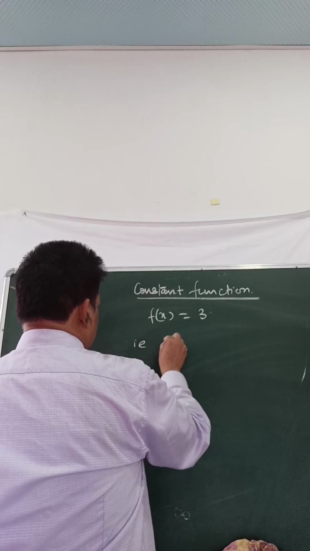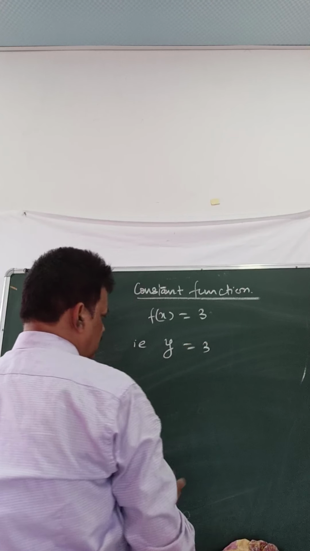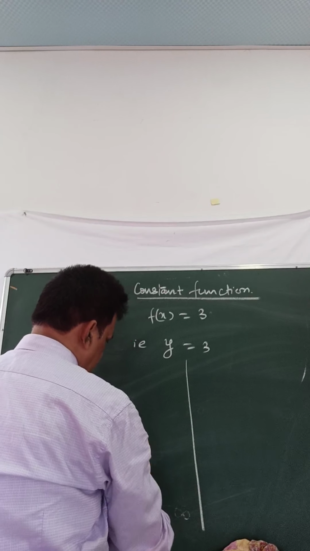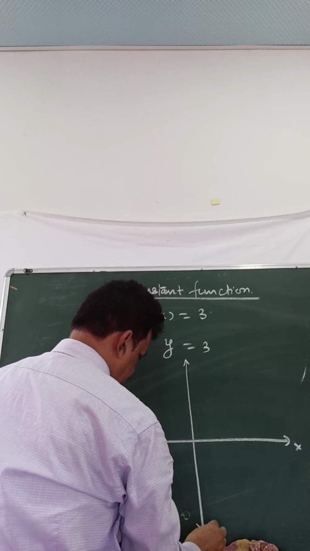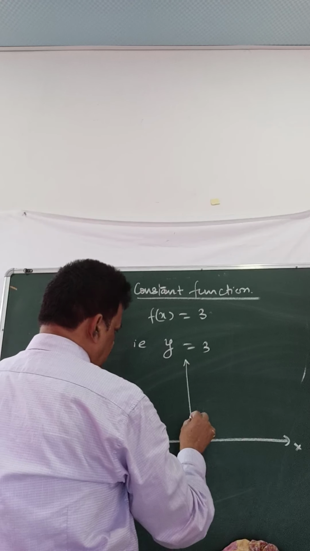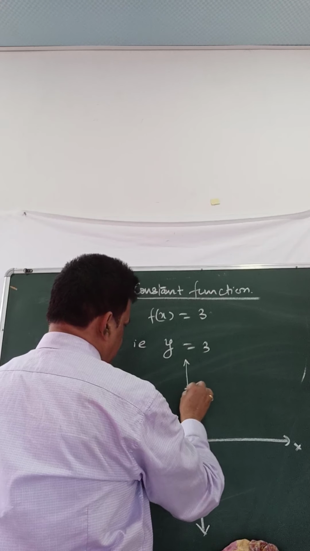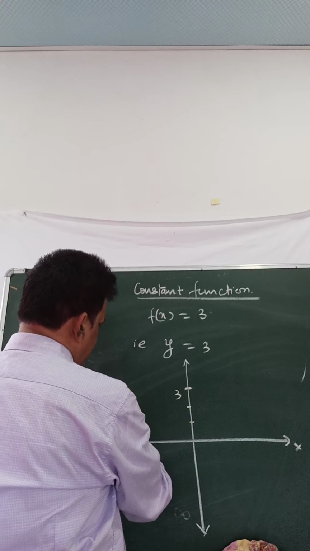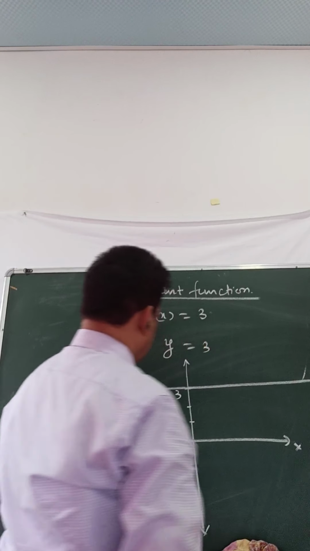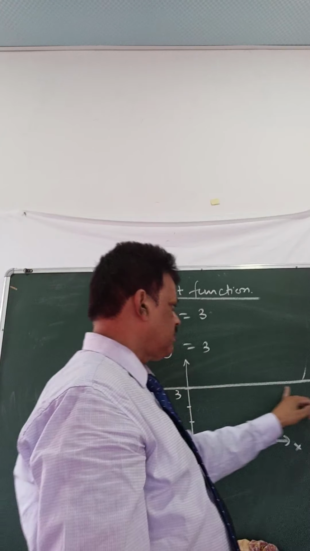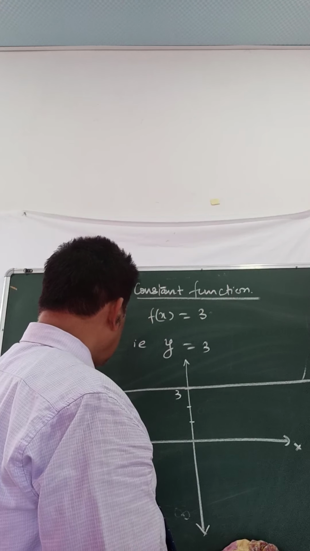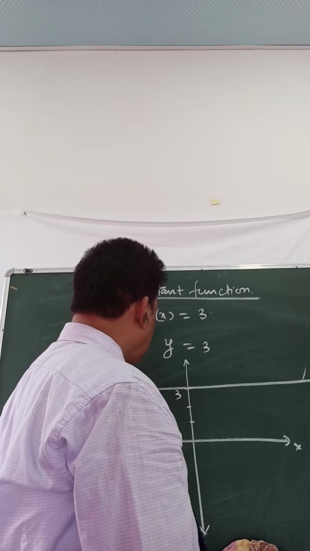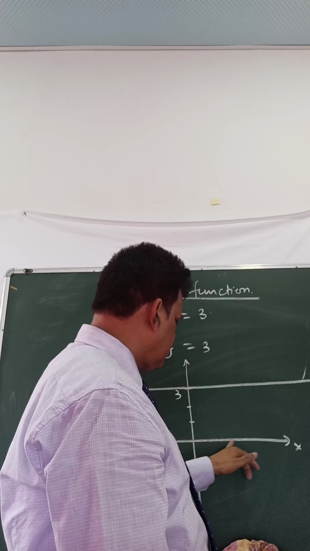That is y equals 3. So if I take the axis here and I write 3 is the point, so I have to draw a line. So this is a continuous graph. That means I can tell the constant function is continuous for all the real numbers. Any value of x you put.